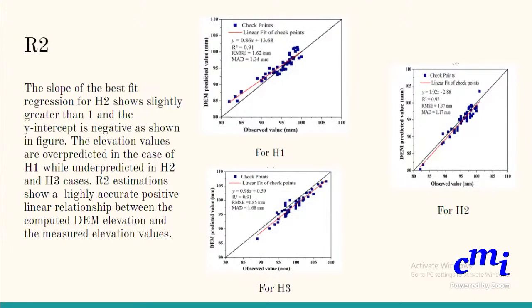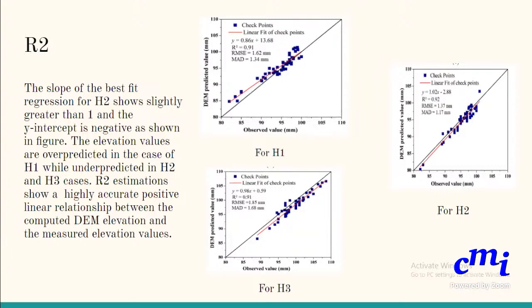Yeah, these are the R2 scores for the hexagonal pairs. As you can see, H2 fits the regression best here, but the slope is slightly greater than 1, and the y-intercept is negative, as shown in the figure.